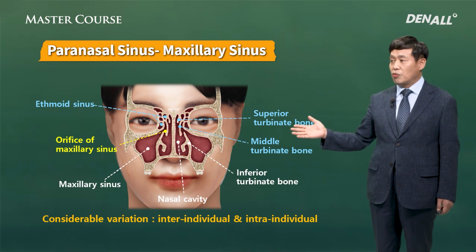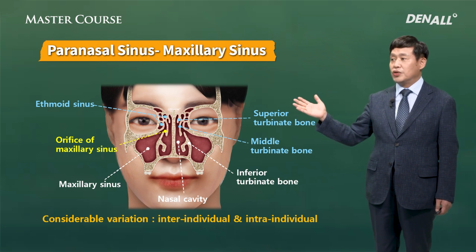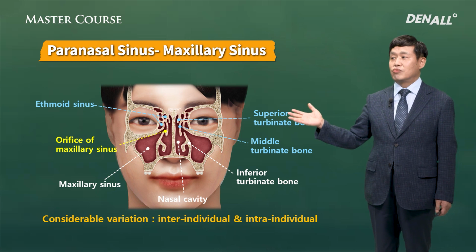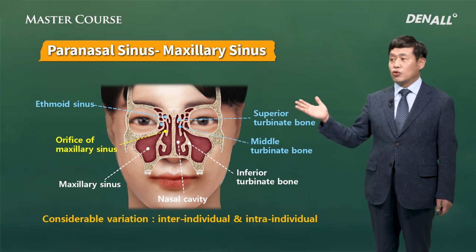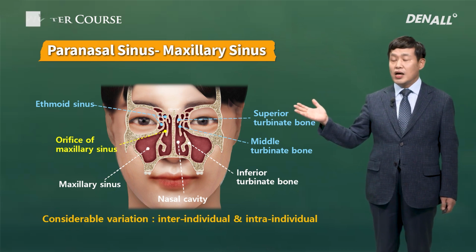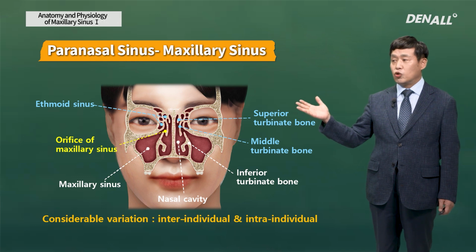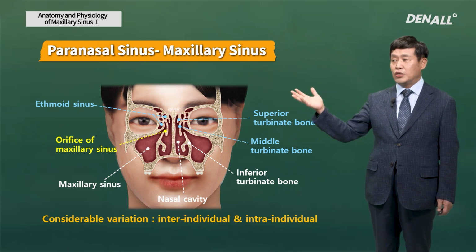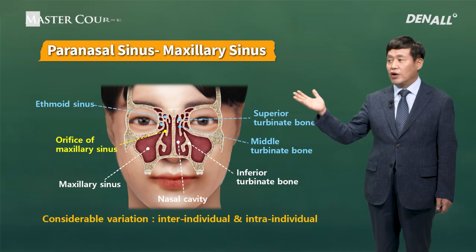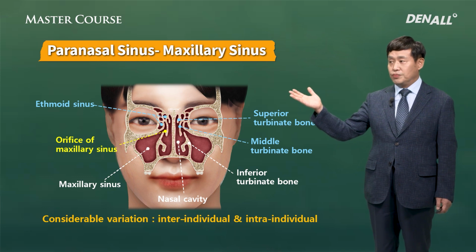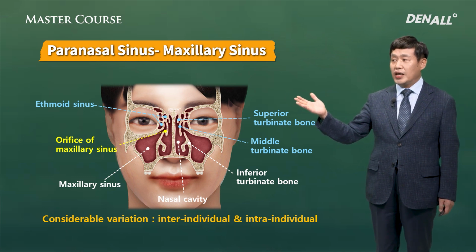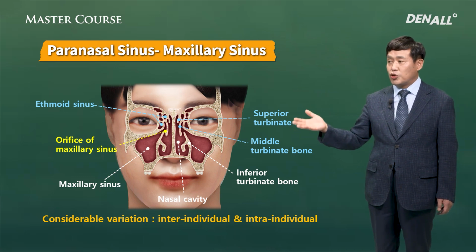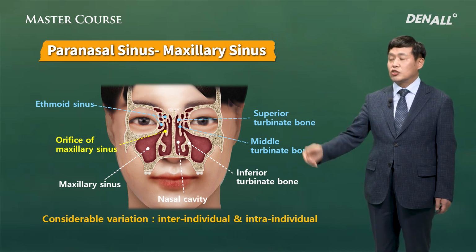However, superior and middle turbinate bones are part of ethmoid bone. So in general, maxillary sinus and nasal cavity are connected in the orifice of maxillary sinus, which is between the inferior turbinate bone and ethmoid bone. Because of that, in the nasal cavity, the middle nasal meatus, the middle layer, is connected to the maxillary sinus.